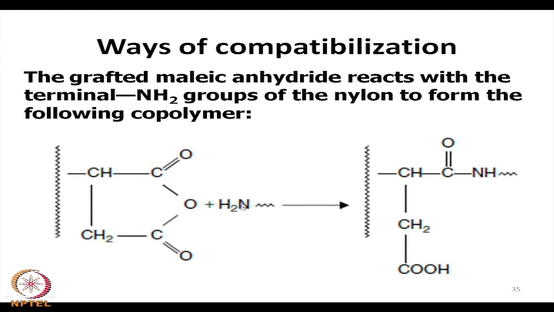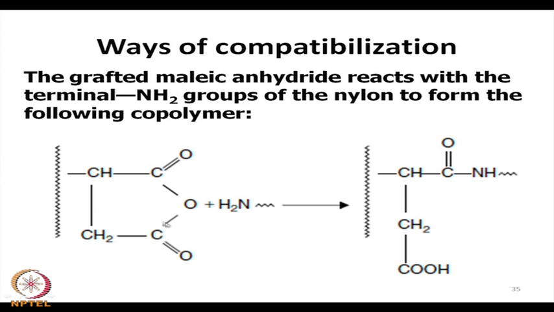So, it is a kind of acid-base reaction and some condensation occurs, forming this polyamide bond, CONH amide bond, with the end of the nylon chain, and this is the EPDM chain, leaving behind one free carboxyl group.